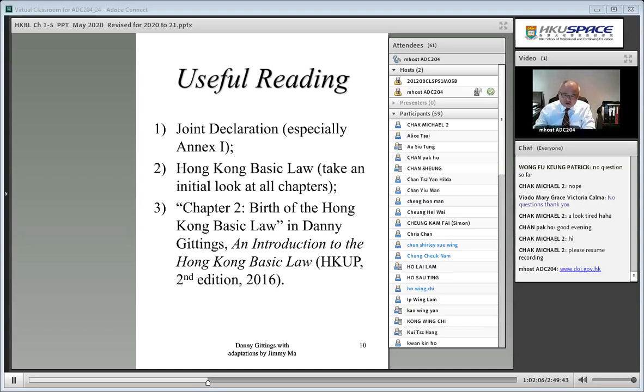As far as the Joint Declaration is concerned, you can go to our course manual, where it is reproduced in the appendix to chapter 2. If you want to look at the real thing, you can go to the United Nations Treaty Depository, and you will find it there too.